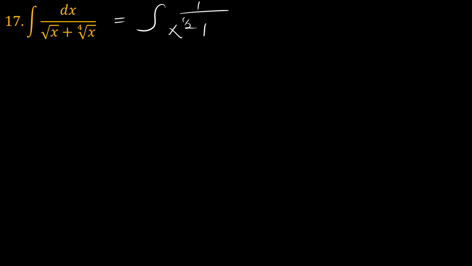So problem number 17, we're just going to have to do a couple of things here. So let's try to re-express this as the indefinite integral of 1 over x to the half plus x to the quarter dx. And then we can pull x to the quarter out.